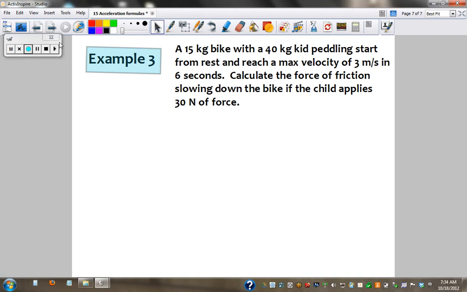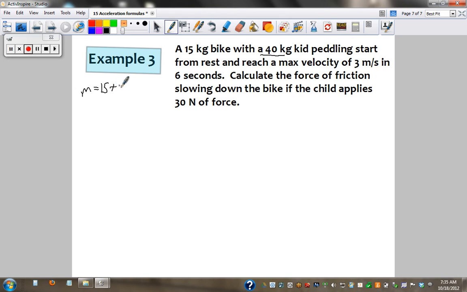Last example. Okay, I know that mass equals 15.